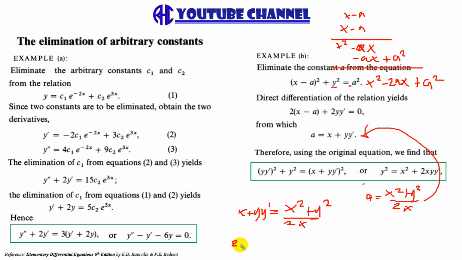So, magiging 2x squared plus 2xy times y prime is equals to x squared plus y squared. Okay, ito, pwede natin yan i-combine.